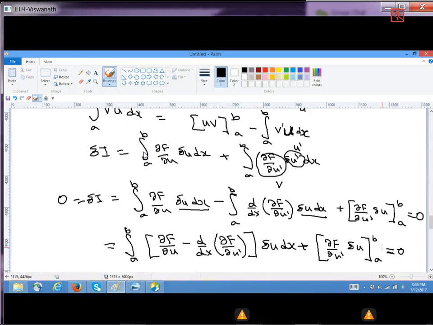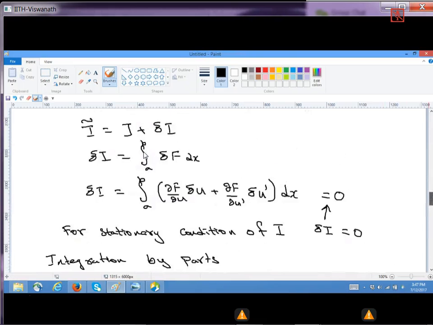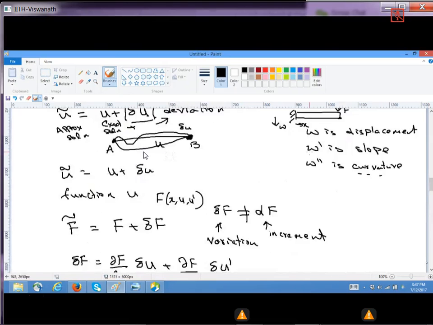Now let us see one small thing. In this I've told you that δu is equal to 0 at a and b. If it is not, you can never, no matter which route you choose, that route has to start at your home only and it should end at the airport only.